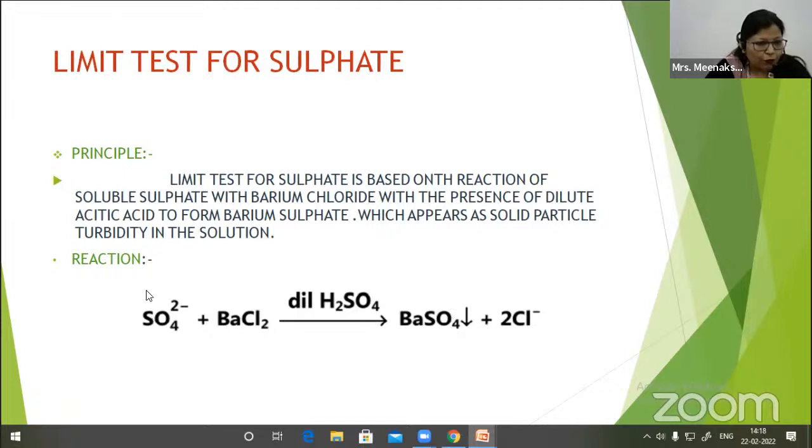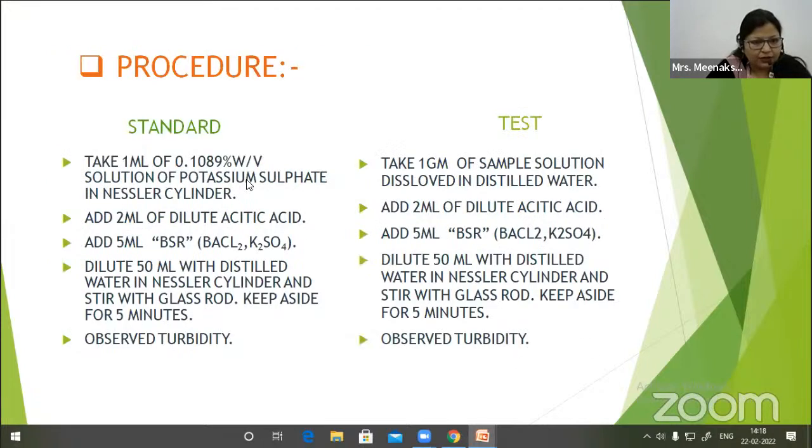So the reaction is that sulfate impurities in the given or maybe unknown sample react with barium chloride in the presence of dilute nitric acid, or acetic acid also can be used. It forms barium sulfate precipitates, and those precipitates give us the turbidity. Now let us see the procedure behind this.